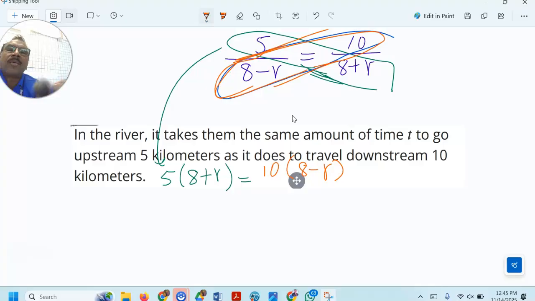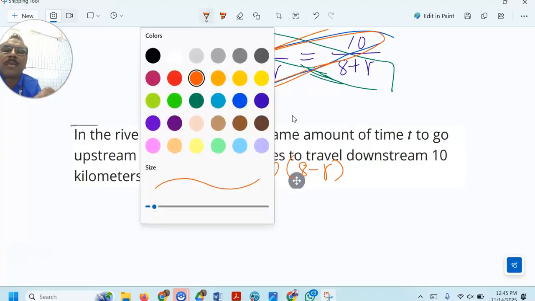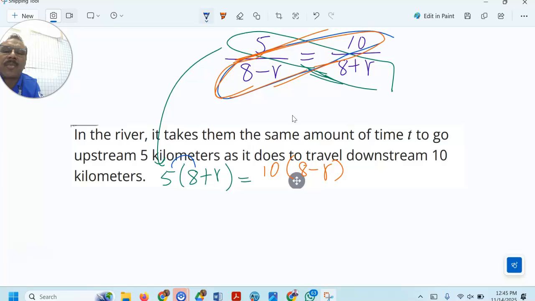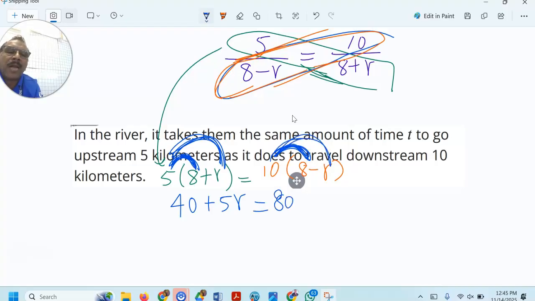Once you reach here, you're back to 7th grade maths where you use the distributive property. So 5 times 8 will be 40, and 5 times r will be plus 5r. Then again you use the same thing: 10 times 8 is 80, and 10 times minus r is minus 8r.